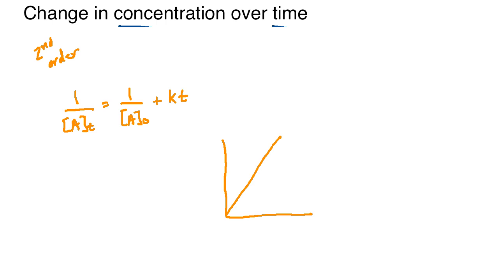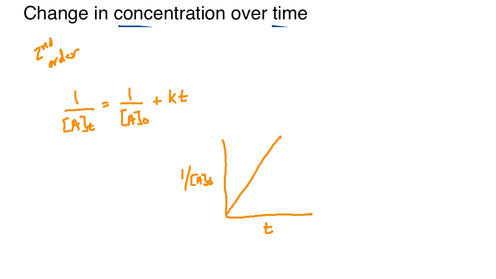You'll still have t down here, and up here you're going to have 1 over A at time t. So if you were to use a linear equation here and find out what that concentration is, you would need to then flip it, because what you have is the reciprocal or the inverse in that case.